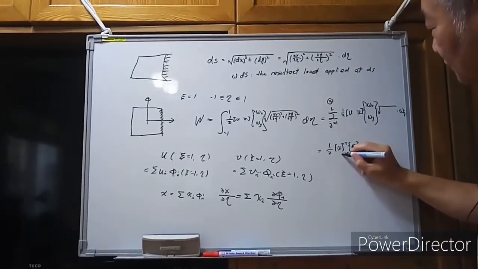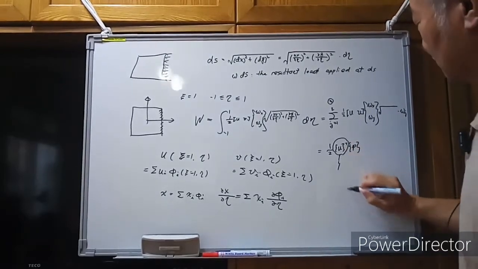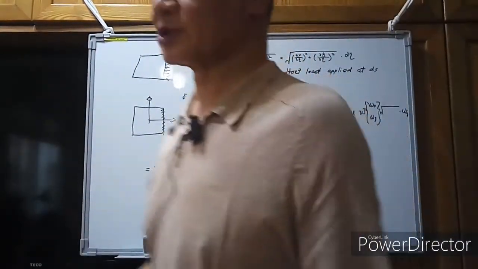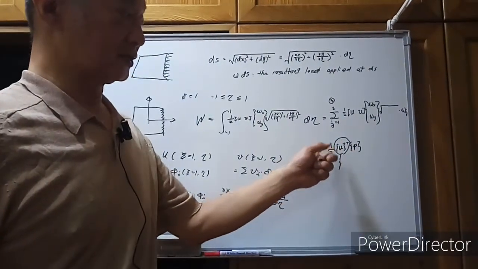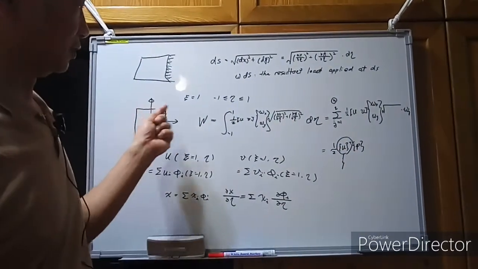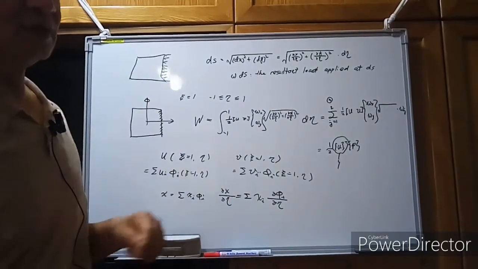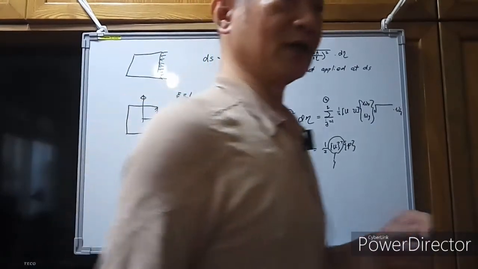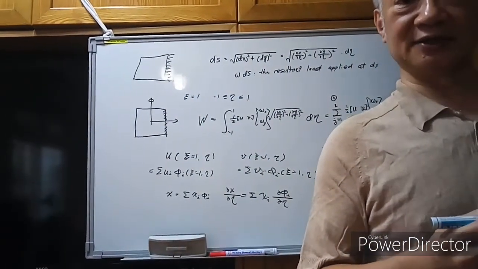And right now the U transpose, most of the time we will say the U transpose vector. The U vector is the nodal displacement of this element. If you use the 4-node element, then the U vector will include 8 elements.